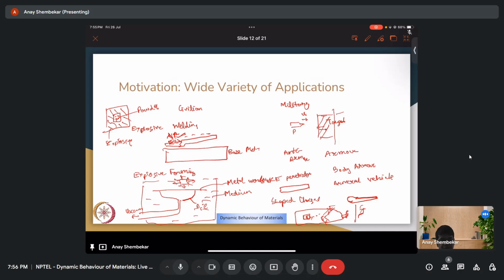So wherever you see a sudden change in loading, or think of it as force as a function of time, if it's changing rapidly, then that is where you could apply this. This includes elastic, plastic, and at the very top even shock waves in the material.